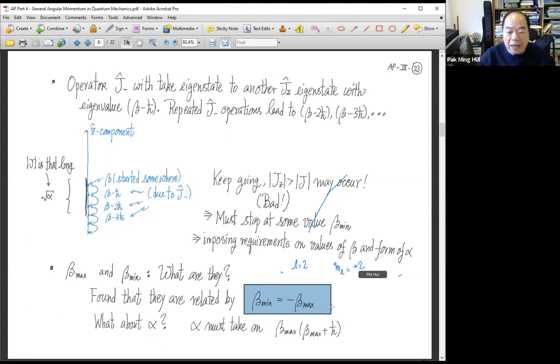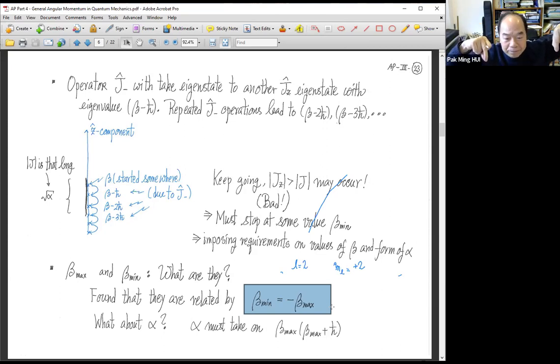And then you go from 2, 1, 0, -1, -2. The minimum one is -2. Therefore, the maximum one and the minimum one are only different by a ± sign. This is what the highlighted part tells us.